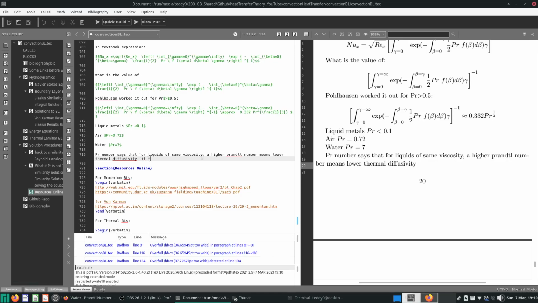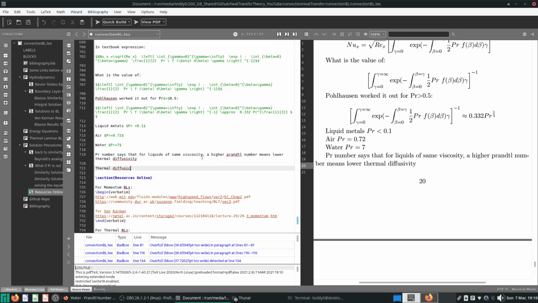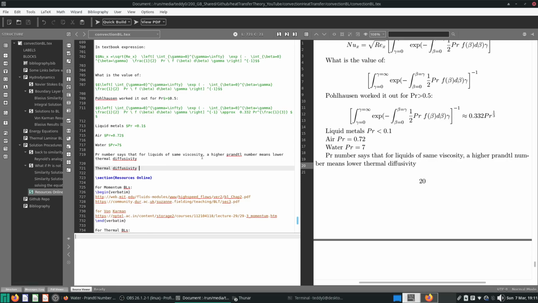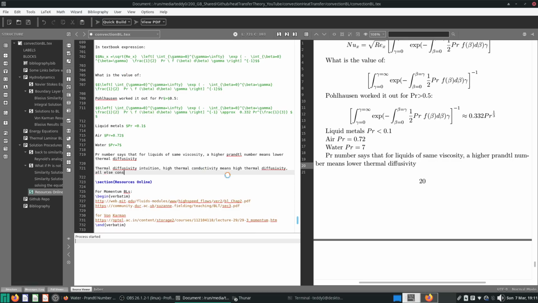For the intuition, high thermal conductivity means high thermal diffusivity, all else constant. So this is just to give you some intuition.